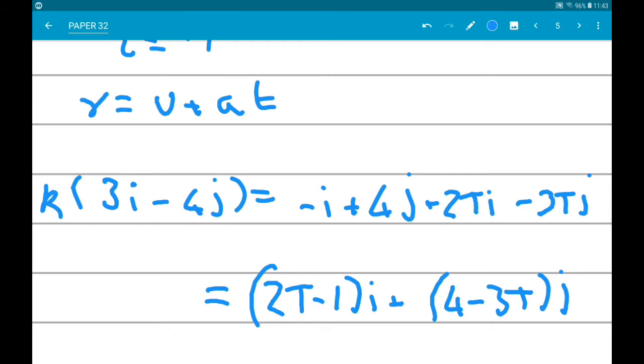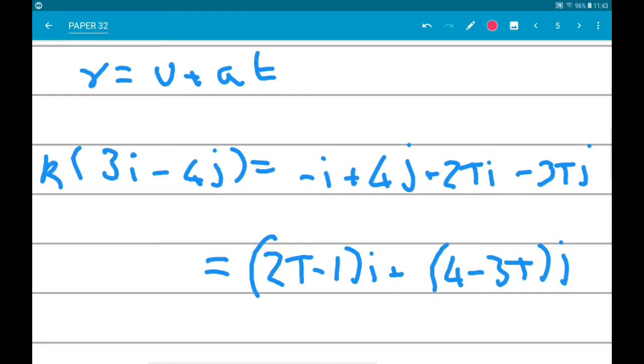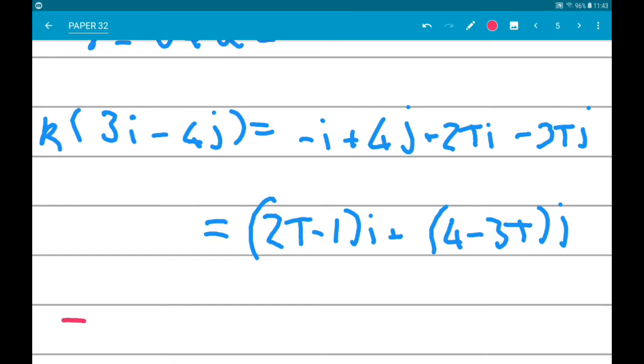So that means then we would need minus 4 lots of the i component and that would be equal to 3 lots of the j component.